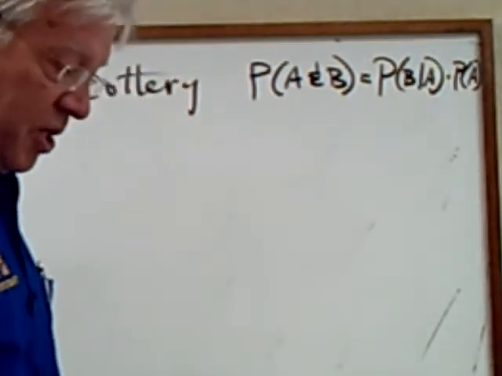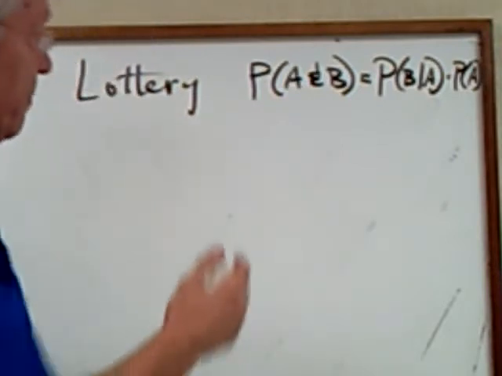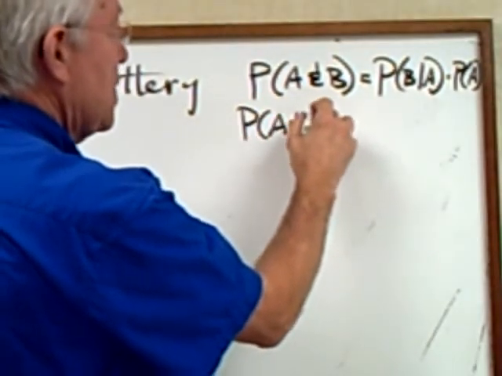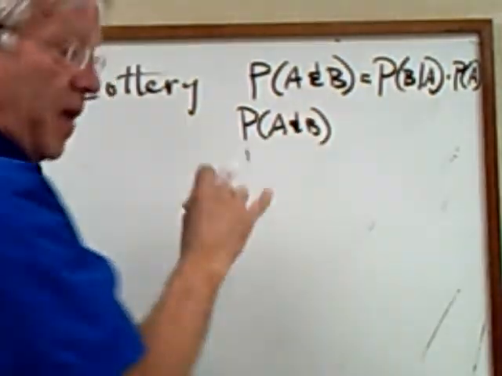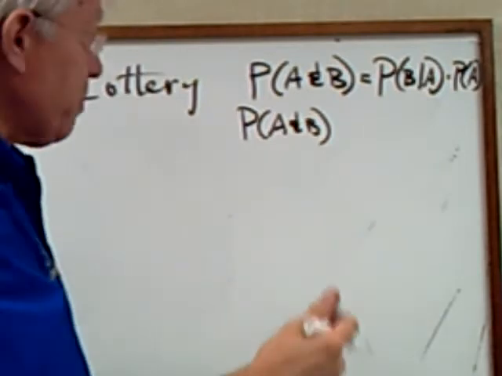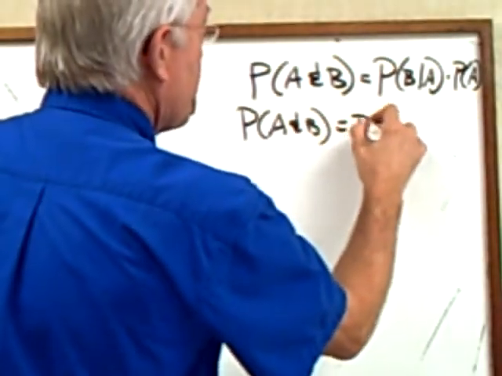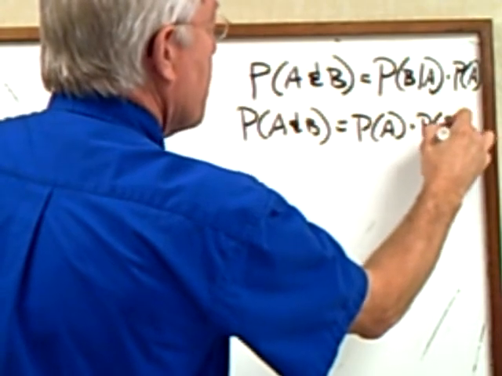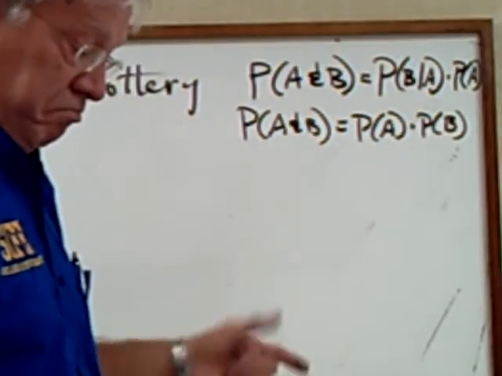We can further simplify this to say that the probability of A and B in this event, if they are independent events, if event A and event B are independent, is equal to simply the probability of A times the probability of B. Okay? Pretty straightforward.